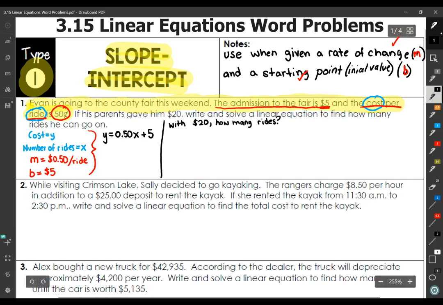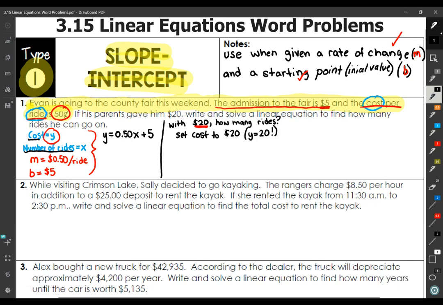Remember, our variables are cost and number of rides. Cost is 20, so it's telling us we can set our y value equal to $20. So let me set cost to $20, which means make y equal 20.